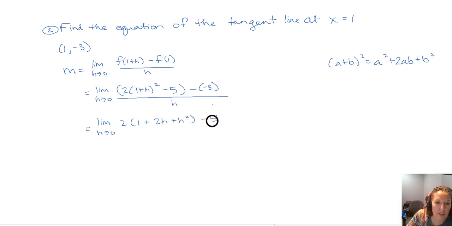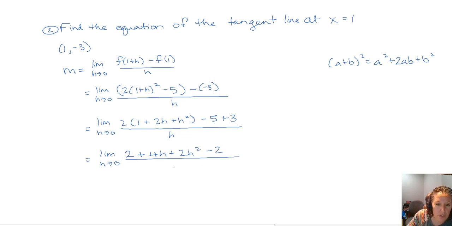We still have that minus 5, and then minus a negative 3 is going to give us a plus 3. We can combine like terms here on the end. I'm actually going to wait until my next step so that it completely goes away, because if we distribute this 2 here, we're going to get 2 plus 4h plus 2h squared. I'll go ahead and combine those.